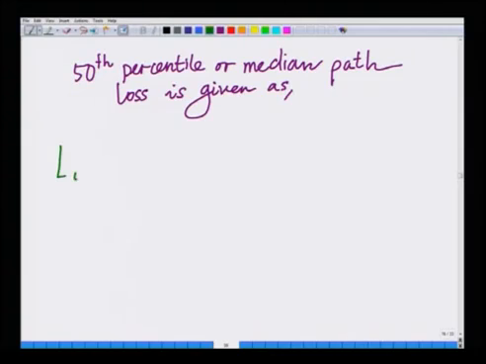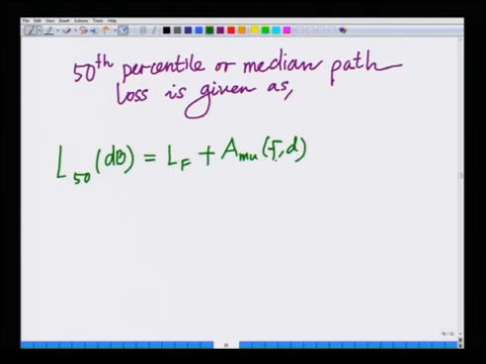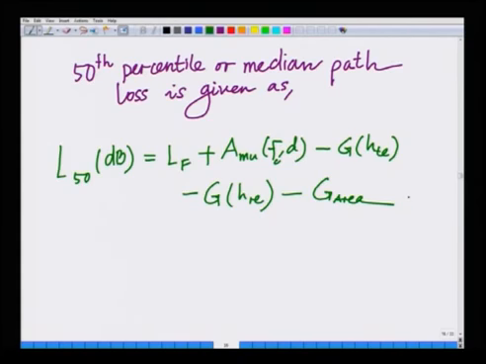Alright. So, the 50th percentile, or essentially the median path loss, is given as L50 in dB, which is LF, the free space path loss, plus, we are going to see what each of these factors is shortly, A mu, which depends on the carrier frequency and the distance, minus a gain factor arising out of the transmit antenna, minus a gain factor arising out of the receive antenna, minus a gain factor arising out of the area.